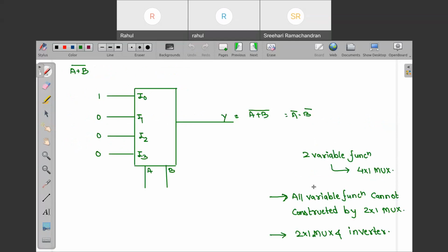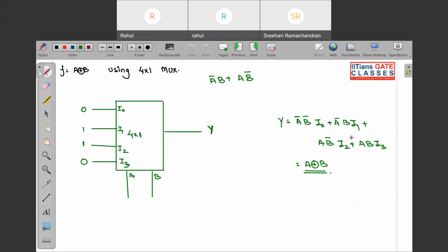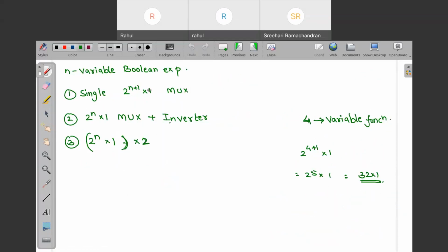Just like we saw that a two variable... Sorry, have I made a mistake? I have written the wrong thing. So this should be 2 to the power n. Yes, you were correct.